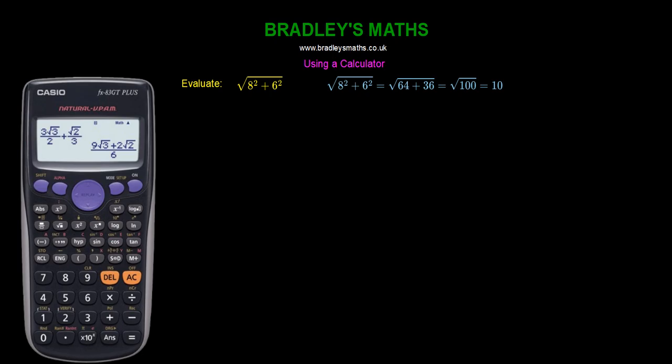So let's go through this calculation. We start with square root, open brackets, 8 squared, plus 6 squared, close brackets, equals.